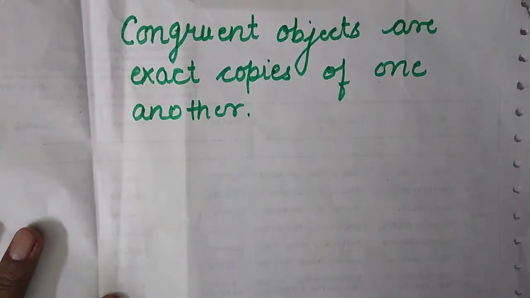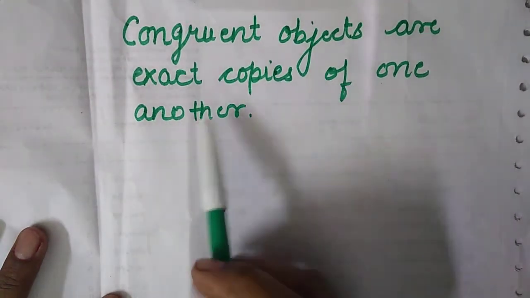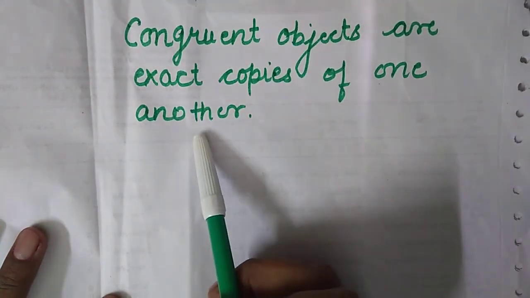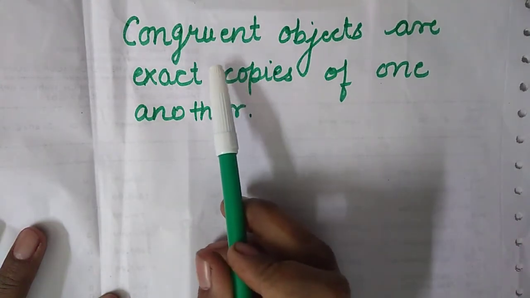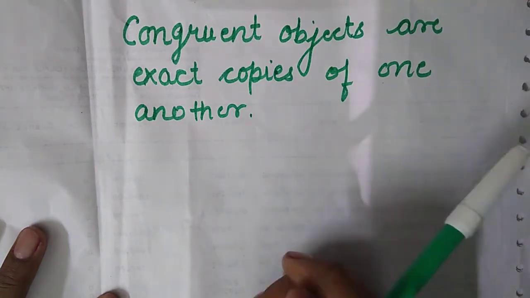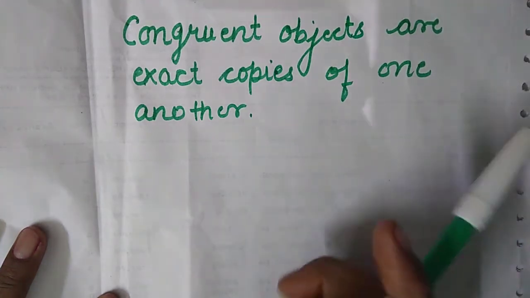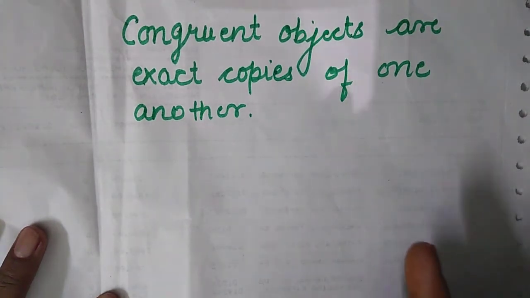So students, we have learned in lecture number 1 that congruent objects are exact copies of one another. Two objects are called congruent if and only if they have exactly the same shape and same size. The relation of two objects being congruent is called congruence.